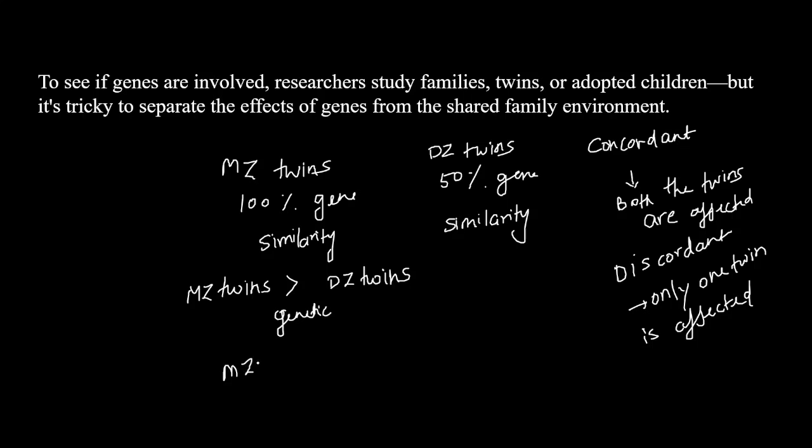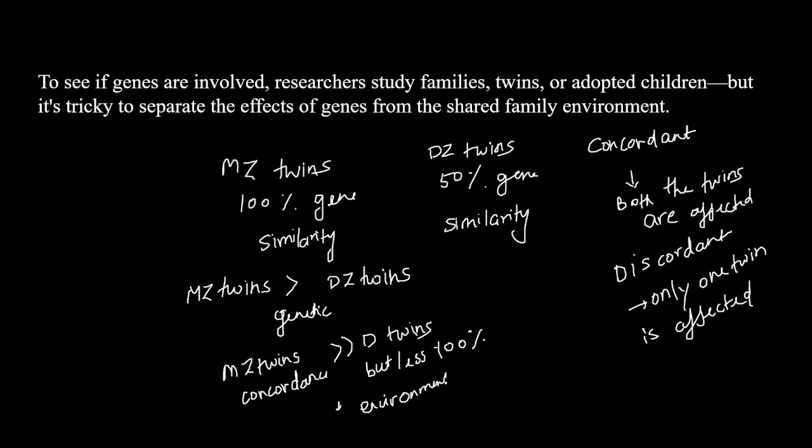Similarly, if the monozygotic twins concordance is more than dizygotic twins but less than 100%, then you can say this might be because of the environment.